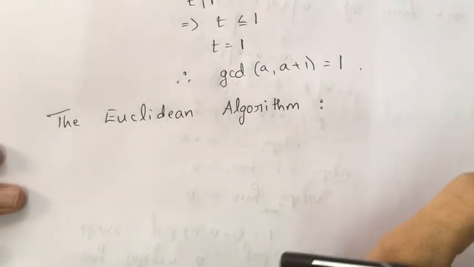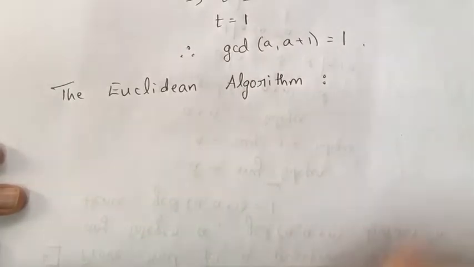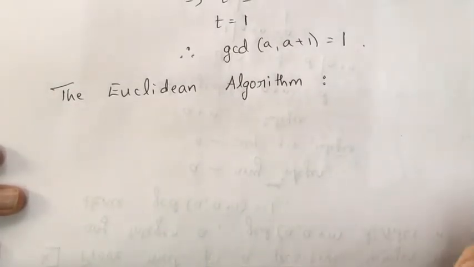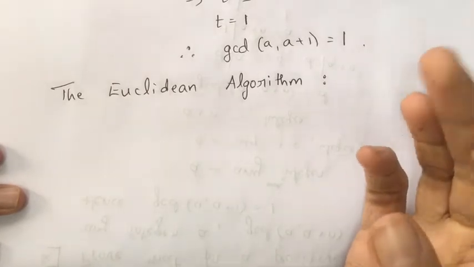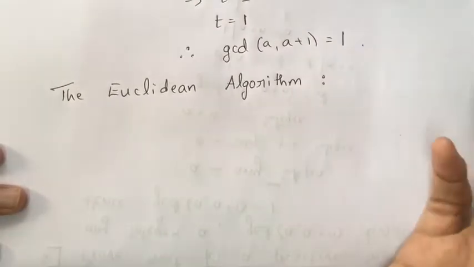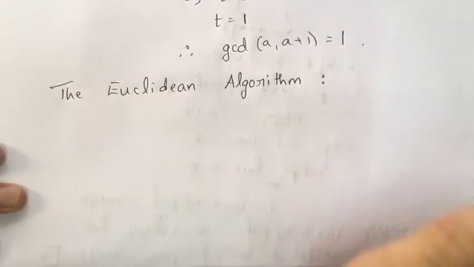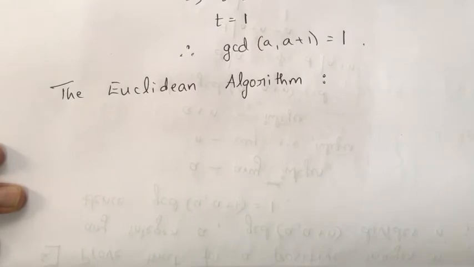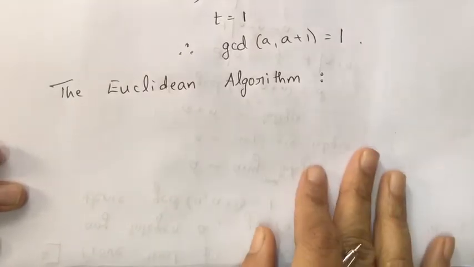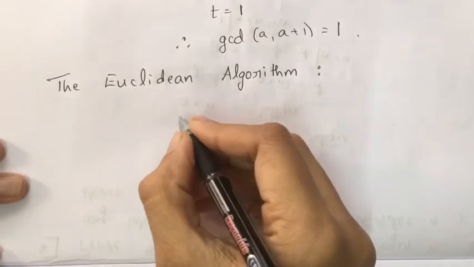That is quite difficult when large numbers are given to you, right? So we have to find a more efficient way of finding the GCD of two numbers. That can be done by the division algorithm, and it's given by Euclid and it is described as follows.